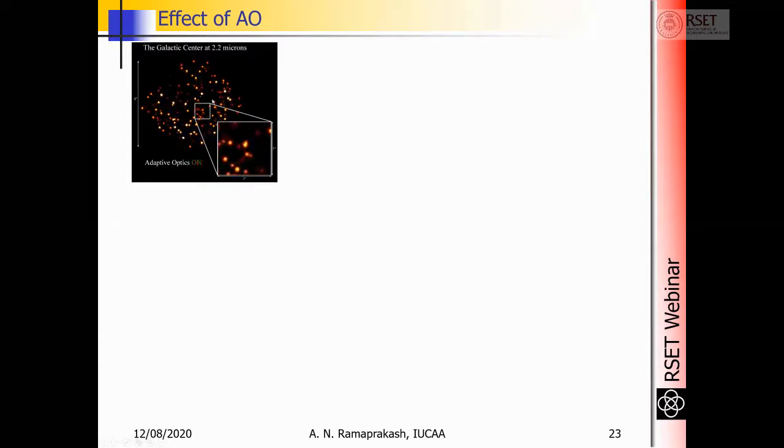Now, if all the stars appear really blurred out when you look toward the center of the galaxy because of the atmosphere, you can't measure their orbits. But once you turn adaptive optics on, you can see how fine those structures become, and now you can, not very easily, but at least hope to measure the orbits of the stars.